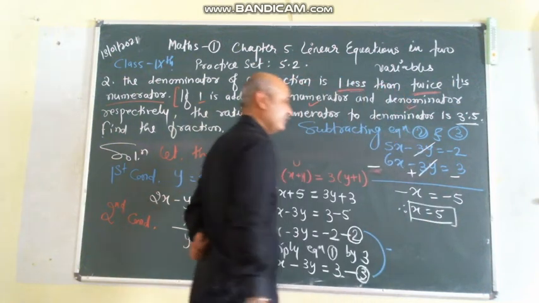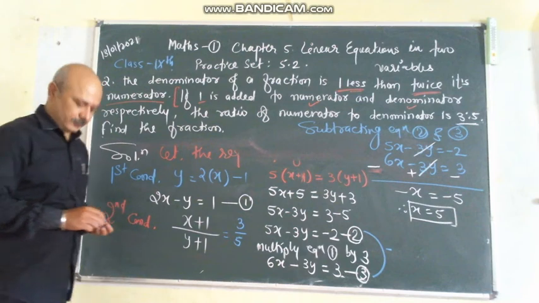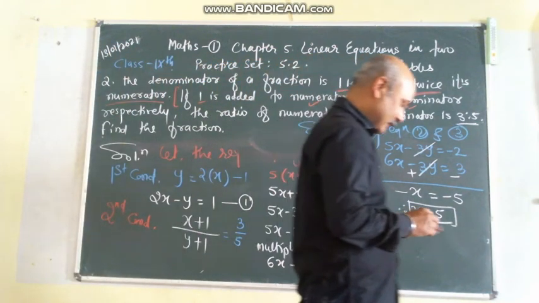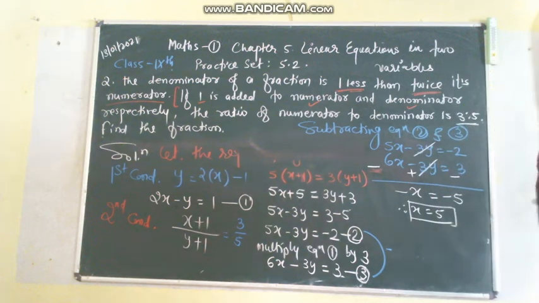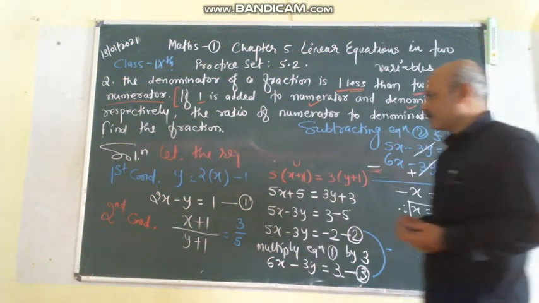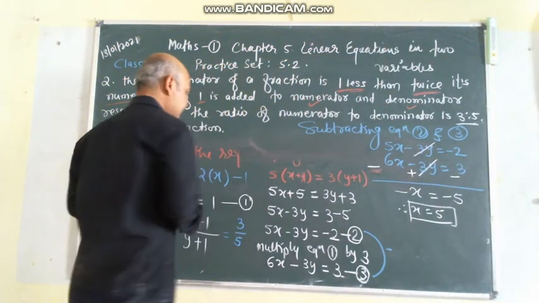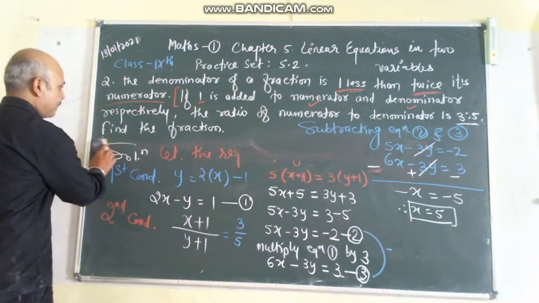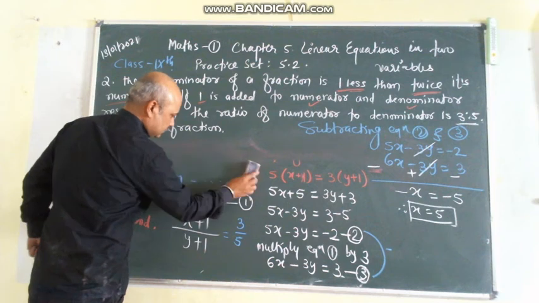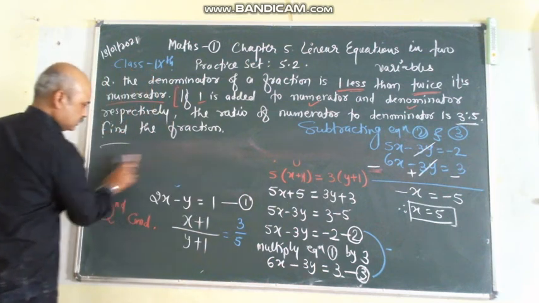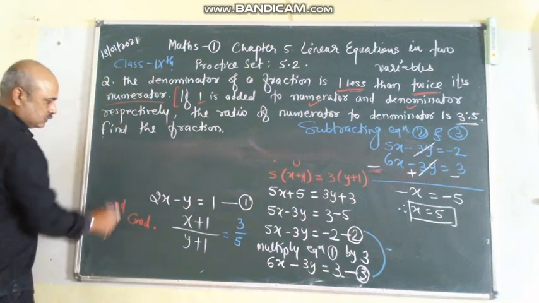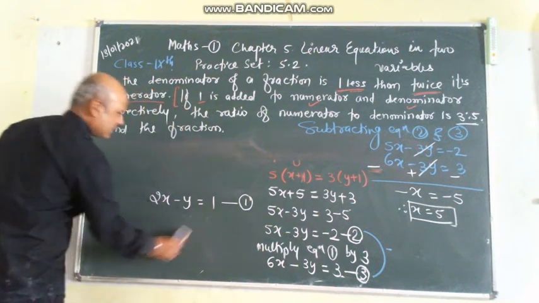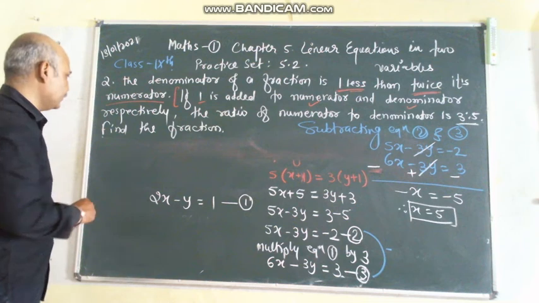X is 5. Now you are going to put the value of x in either equation 1, 2 or 3. So we are going to put the value of x in equation 1. Equation 1 is 2x minus y is equal to 1.